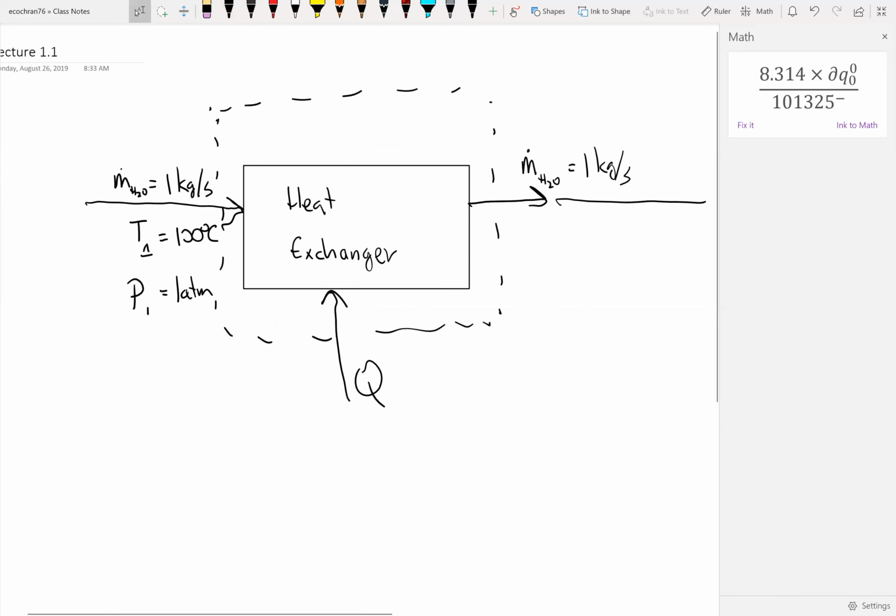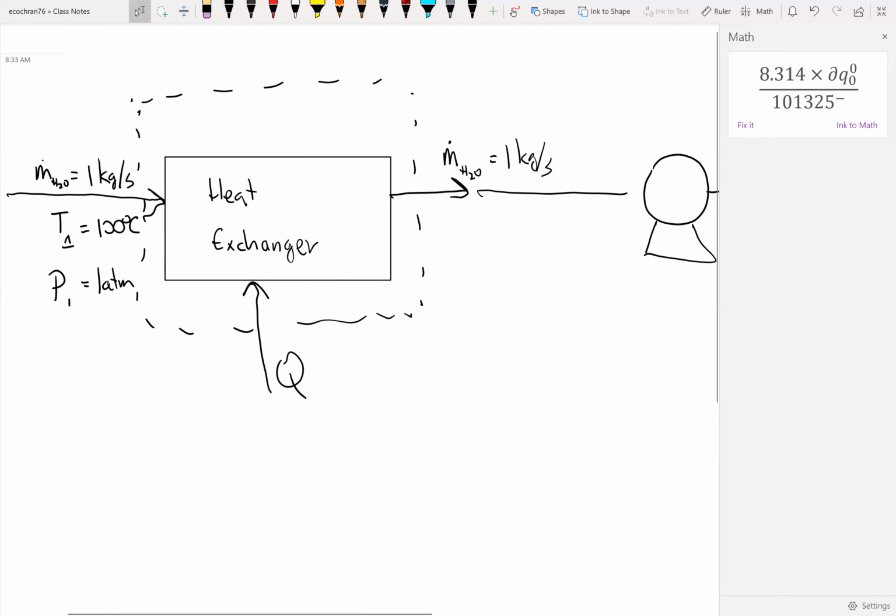And the heat exchanger does stuff to the temperature, and it could do stuff to the pressure as well, right? So maybe after heating the water from boiling point to well over its boiling point, maybe the pressure is now higher. So those are two different process details.